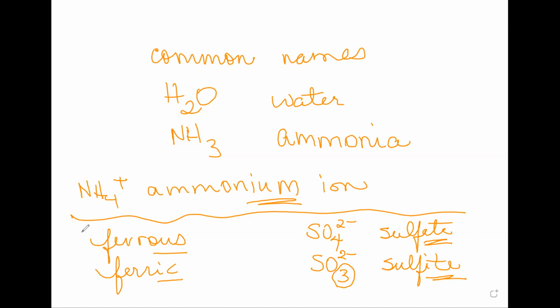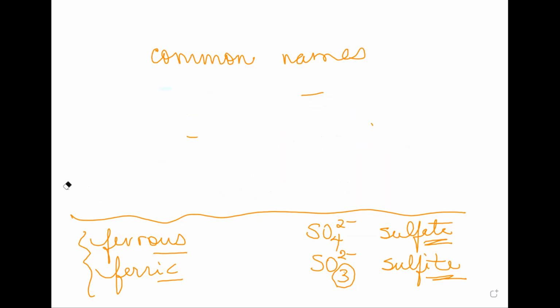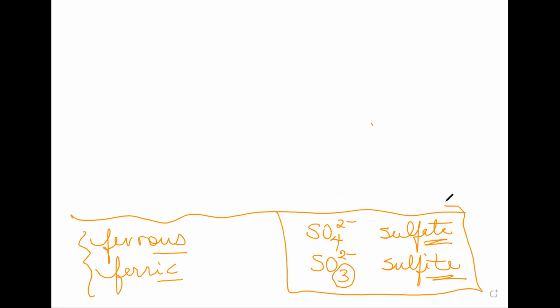All right, now why did I bring up ferrous and ferric? Remember, ferrous is one charge less than ferric. So you're going to name this one before we move on to your acids, because this part you do need to know when we start naming our acids. I'll go through that list again with you.